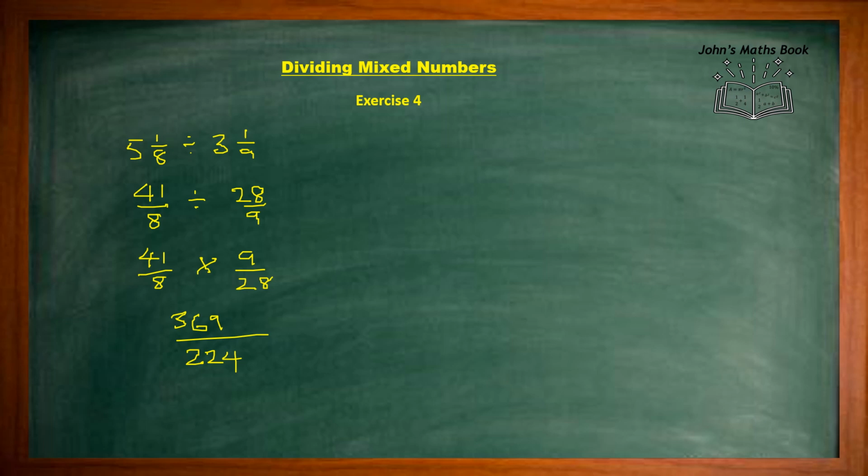So we ask, how many times does 224 go into 369 exactly? And it goes exactly once to give us the integer part of the mixed number. And it has a remainder of 145. So 145 becomes the numerator of the fraction, divided by 224.